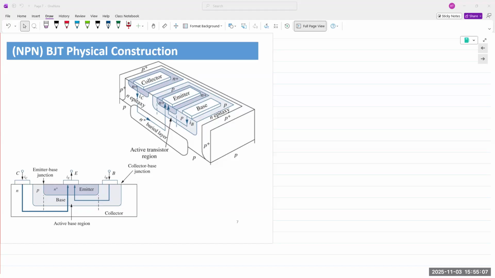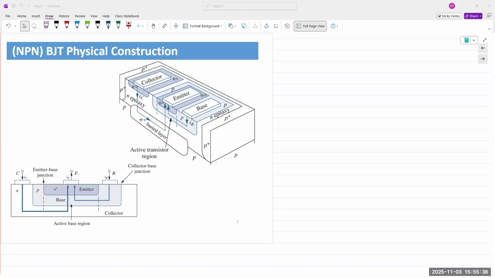Emitter is N-type, has an excess of electrons. Base is P-type, majority carriers are holes. So they cross the junction. Once they cross the junction, the electrons and the holes recombine. Right? Recombination. Remember chapter 2, generation recombination. Everywhere there is an empty spot, some electrons will jump into that spot, recombine, send out excess energy.